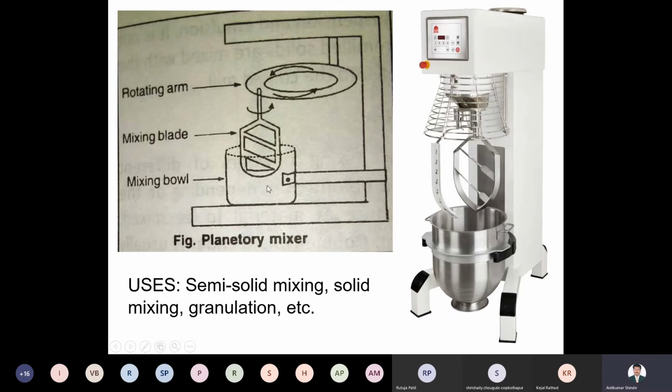The last part is called the mixing bowl. The material is put into the mixing bowl, and this is the mixing blade. With the help of the rotating arm, the mixing blade can move in the upward as well as the downward direction.